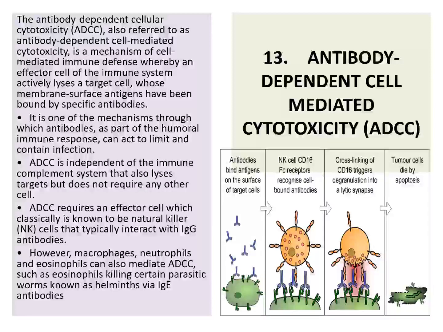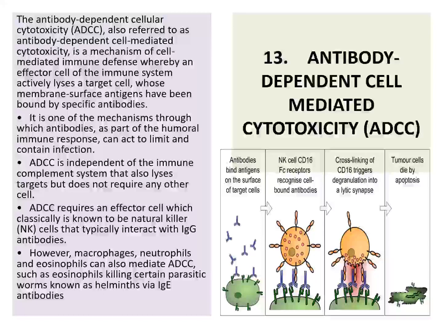ADCC is independent of the immune complement system, which also lyses targets but does not require any other cell. ADCC requires an effector cell, which classically is a natural killer cell that typically interacts with IgG antibodies. However, macrophages, neutrophils and eosinophils can also mediate antibody dependent cell mediated cytotoxicity, such as eosinophils killing certain parasitic worms known as helminths via IgE antibody.